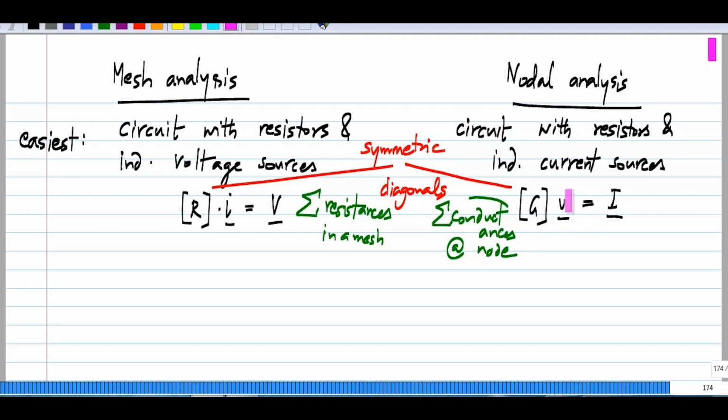In case of nodal analysis, the off diagonal element was the negative of the conductance between two particular nodes, and similarly in mesh analysis it was the negative of the resistance common to two meshes.